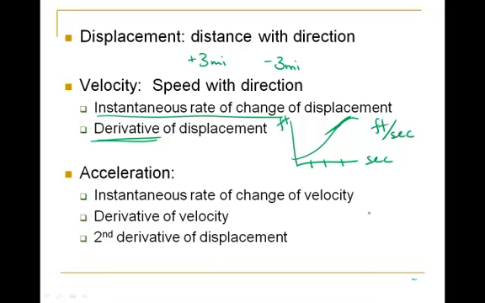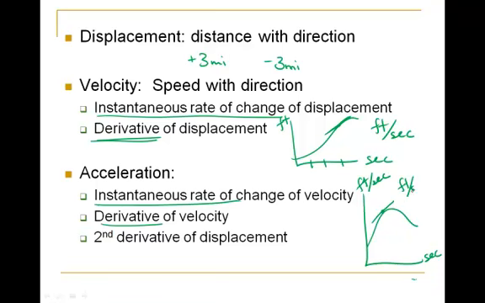In the same manner, if I have a velocity graph where I have feet per second measured versus seconds, and I take a slope of it at a particular point, the instantaneous rate of change of my velocity, I've got the derivative of velocity.